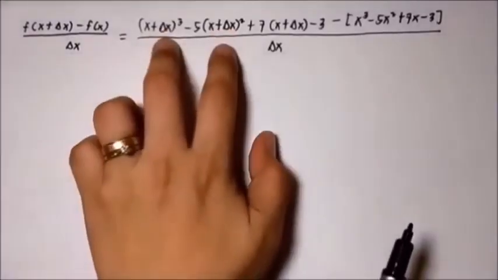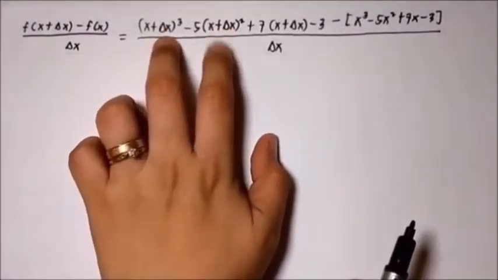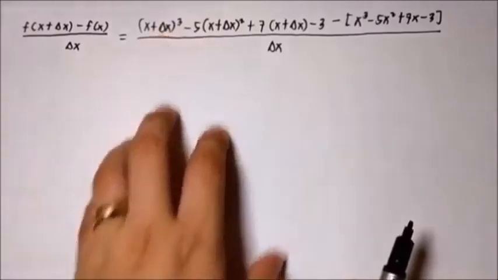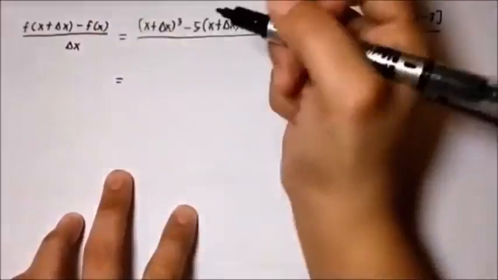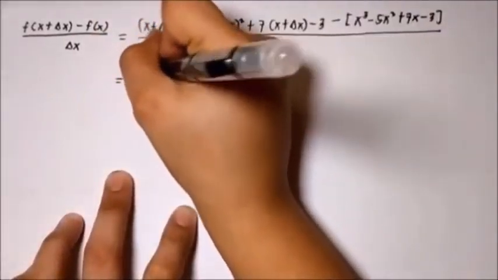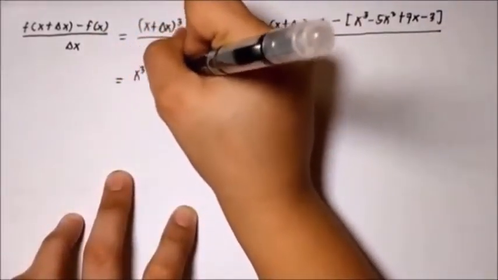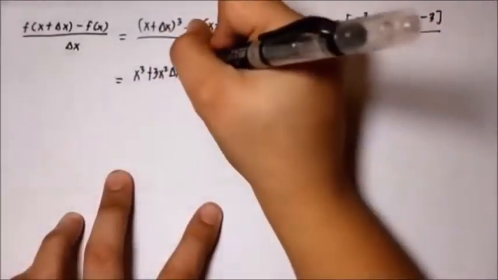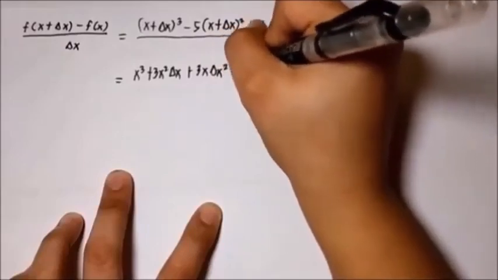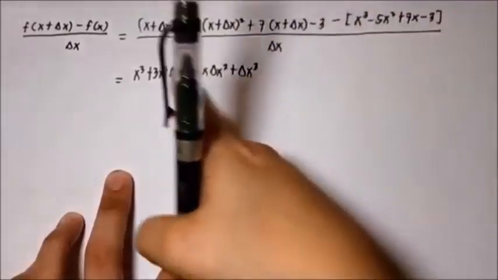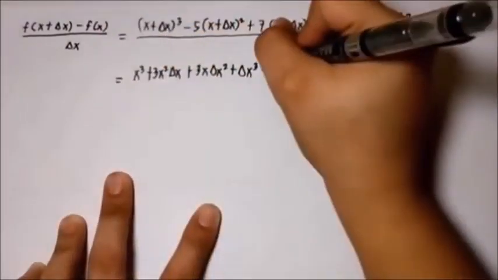So we have to expand first this one in order to simplify. Okay, so what would be our expansion? For the first value, x cubed plus 3 x squared delta x plus 3x delta x squared plus delta x cubed. This is the expansion of the first one.